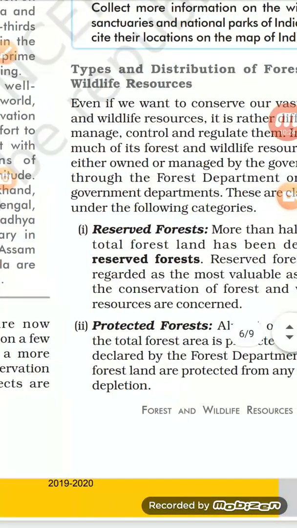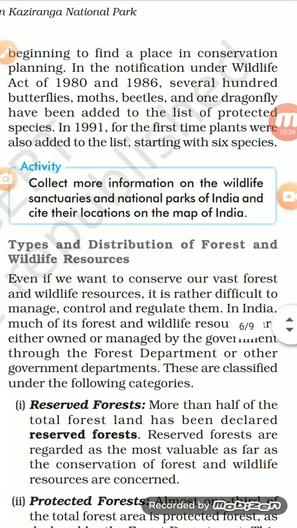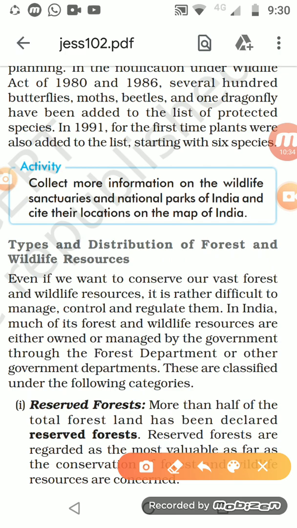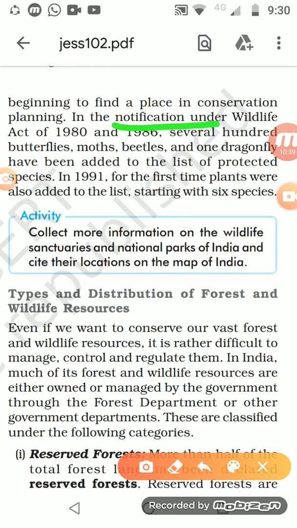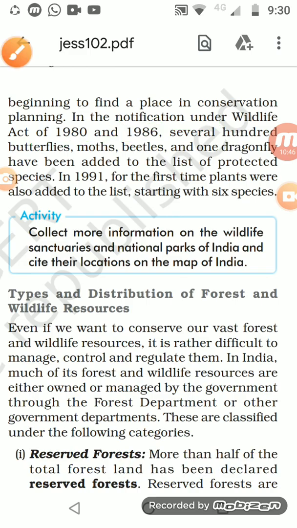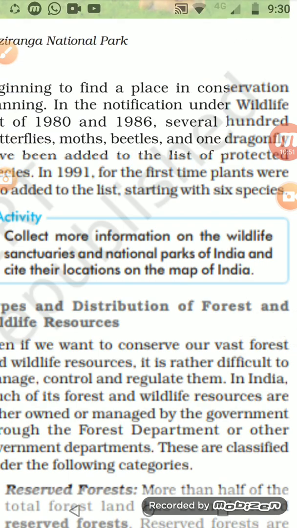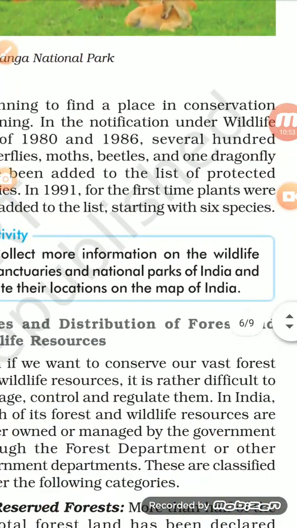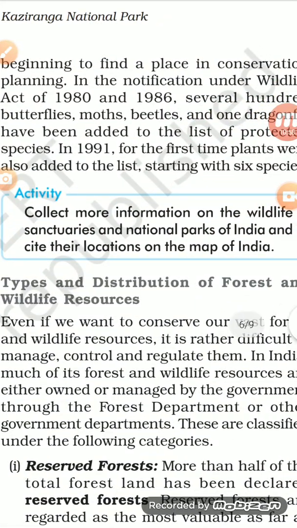Even insects are also very important. They are beginning to find a place in conservation planning. A law has been made in India. Please remember, children, Wildlife Act of 1980 and 90, that several hundred butterflies, moths, beetles, and dragonflies have been added to the list of species.